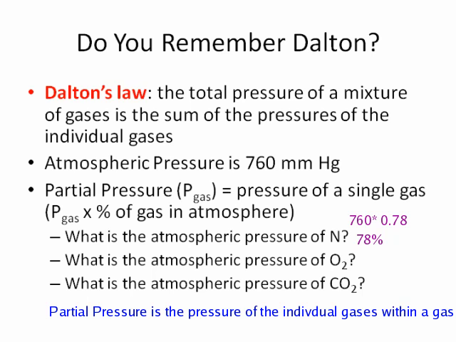Oxygen. We know that oxygen is 21% of the atmosphere. And so following that same suit, you would do 760 times 0.21, which would equal 160 millimeters of mercury for oxygen.